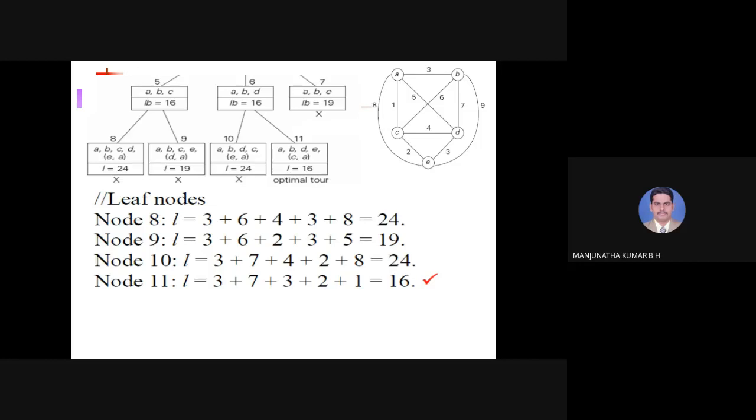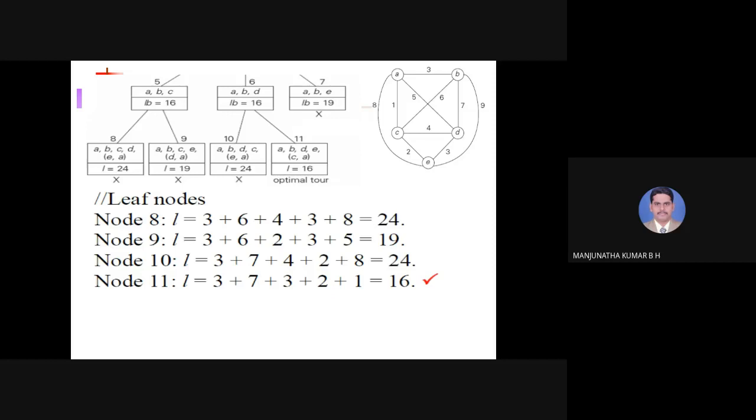So the label is ABC plus the parent value. After C, visit D. After D, visit E. Then from E come back to A, because it is a cycle, no? The tour is a cycle where you should end from the city where you started the tour.